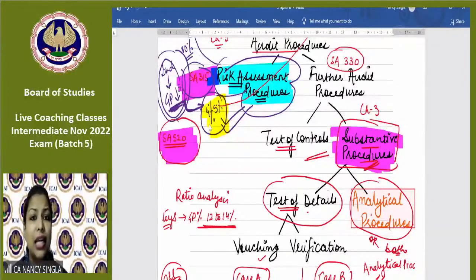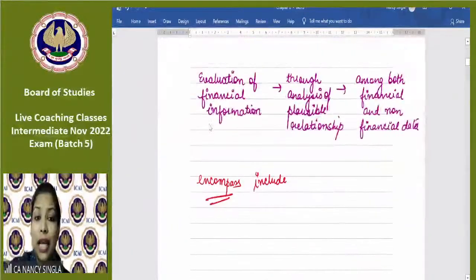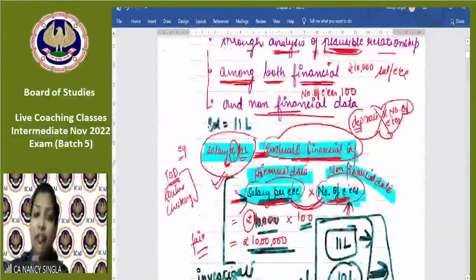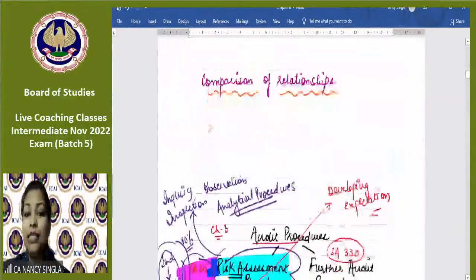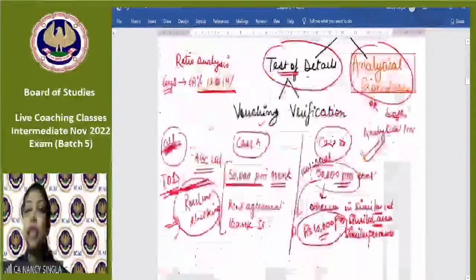Now, if you identify a fluctuation, you are an auditor, you are an expert, you cannot just ignore it. You have to give an expert opinion. You need to apply professional skepticism all the time. Why? In our example, the auditor will apply professional skepticism, asking why there is a difference in this 11 lakh and 10 lakh, why there is a difference of 50,000 and 10,000.